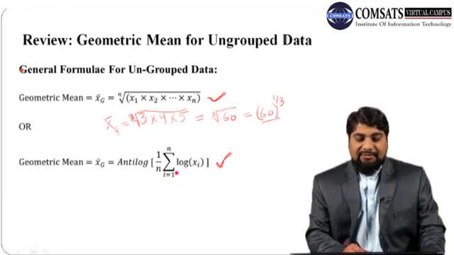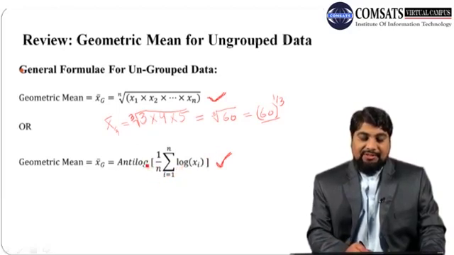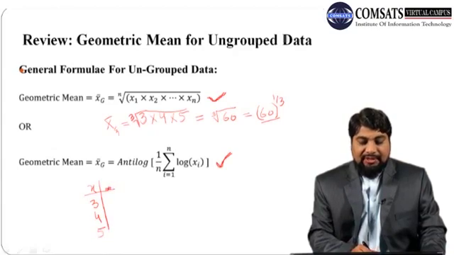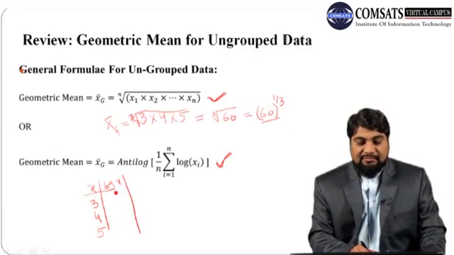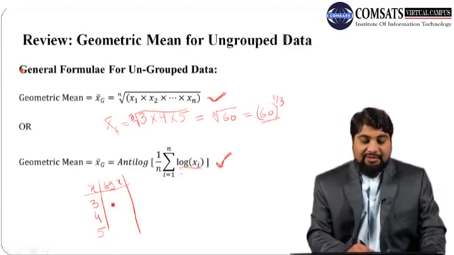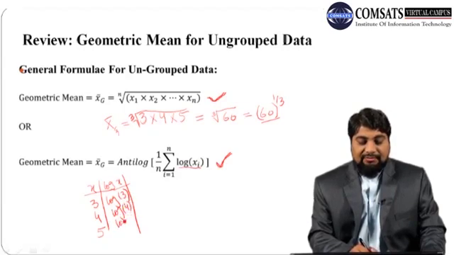In order to use the alternative formula, just label one column as X containing these three numbers, 3, 4 and 5, and in the next column take log of X. Why? Because here we need log of X. So just calculate log of 3 using a calculator or Microsoft Excel, and log of 4 and log of 5.